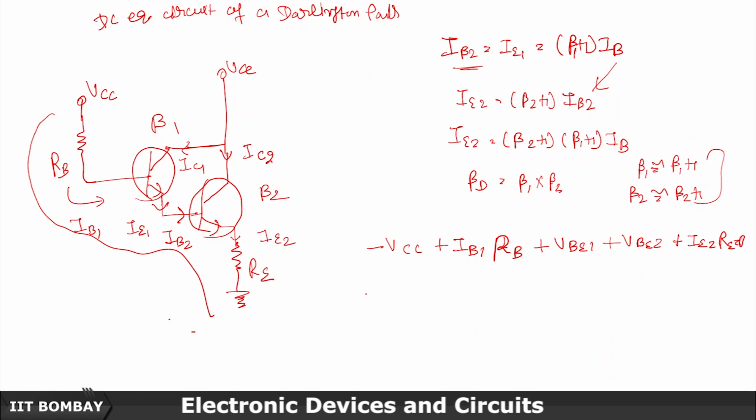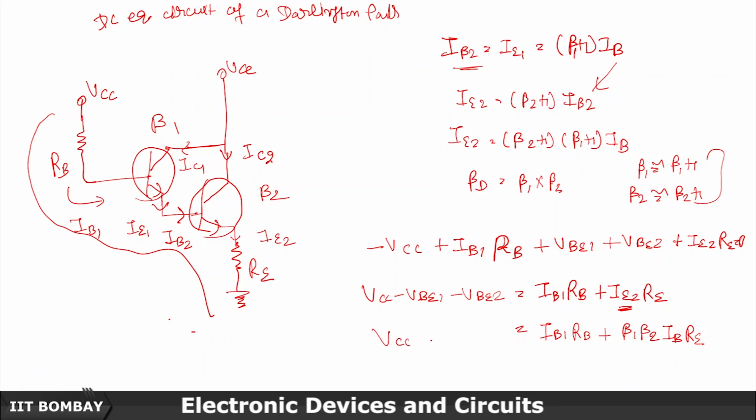So this comes out to be VCC minus VBE1 minus VBE2 equals IB1 RB plus IE2 RE, and IE2 we know can be written as beta 1 beta 2 IB1, so IB1 RB plus beta 1 beta 2 IB1 RE.